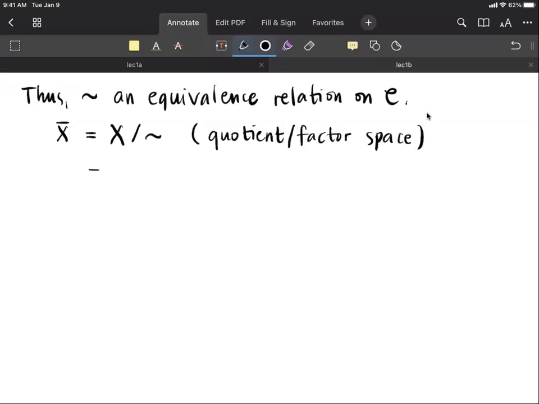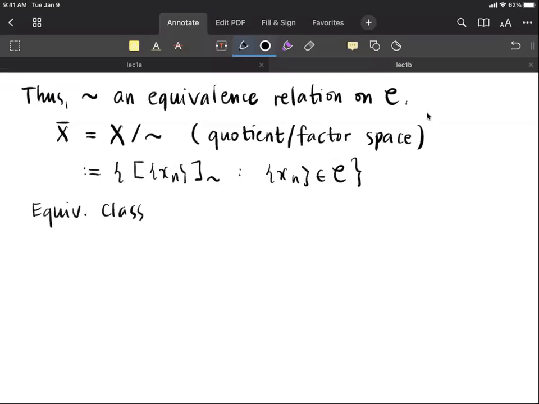So this is, by definition, the collection of all equivalence classes, where the equivalence class determined by the Cauchy sequence xn is by definition the set of all Cauchy sequences yn that are related to xn.